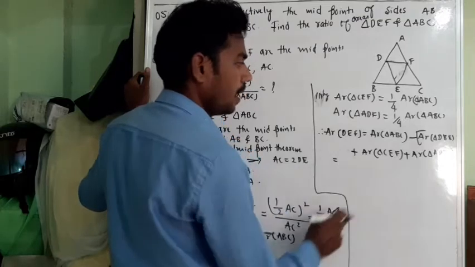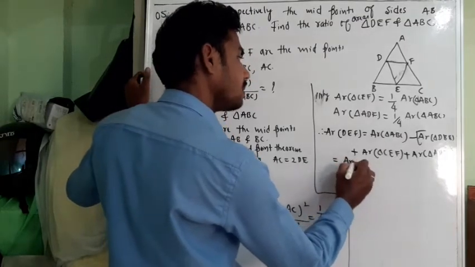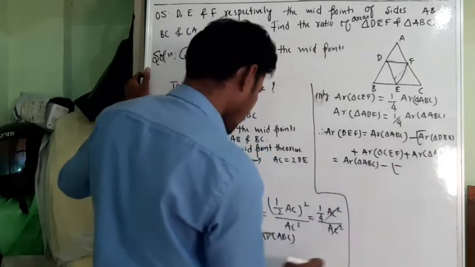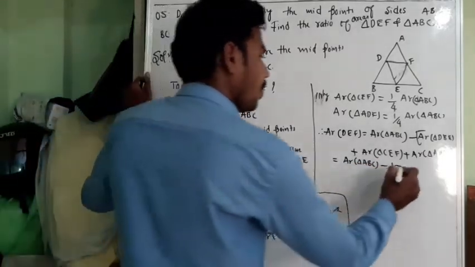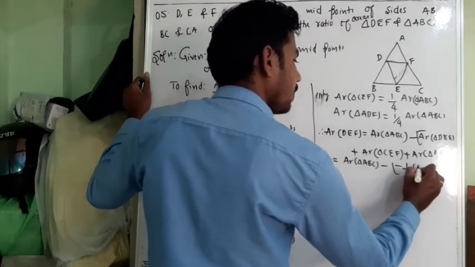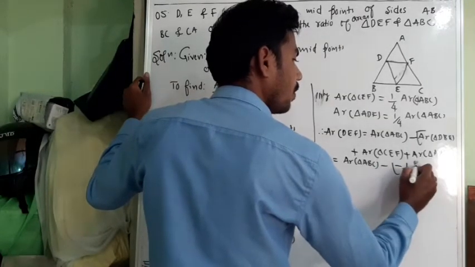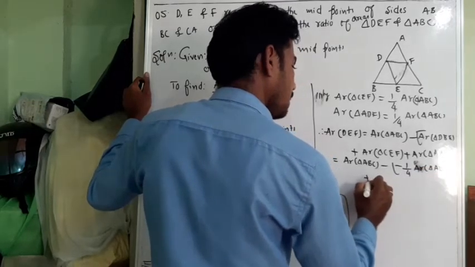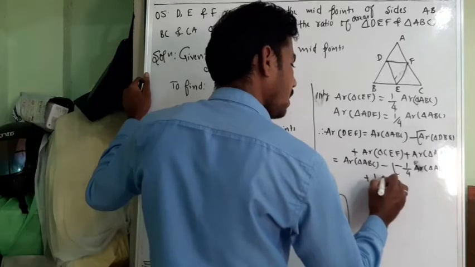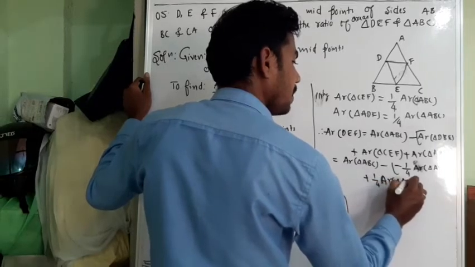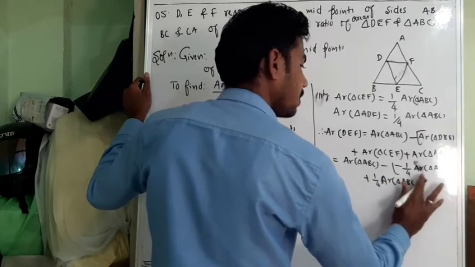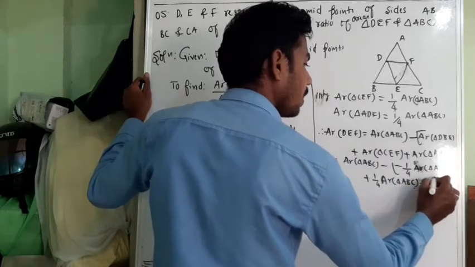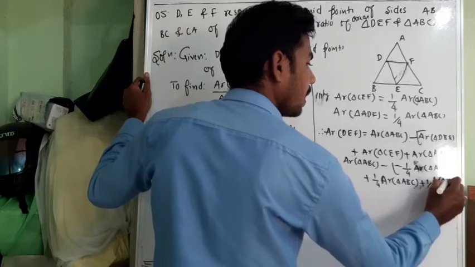Now what can I write? Area of triangle ABC as it is, minus area of the triangle DBE, which can be written as 1/4 of area of triangle ABC, plus 1/4 of area of triangle ABC, plus 1/4 of area of triangle ABC.